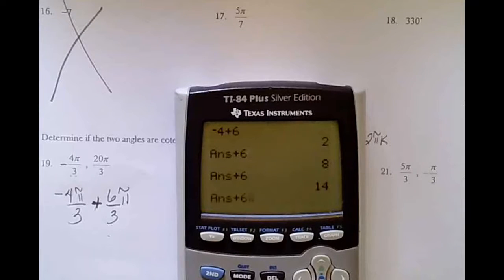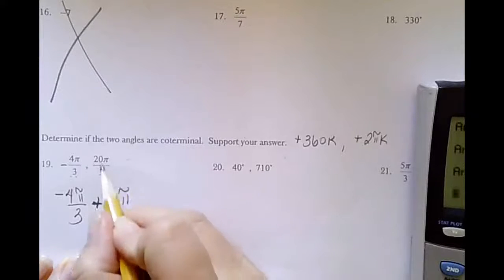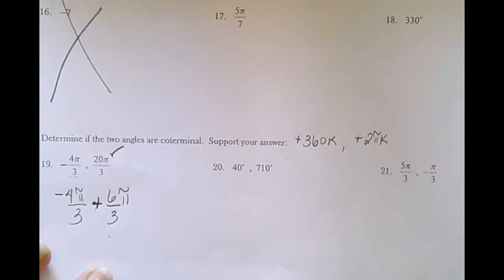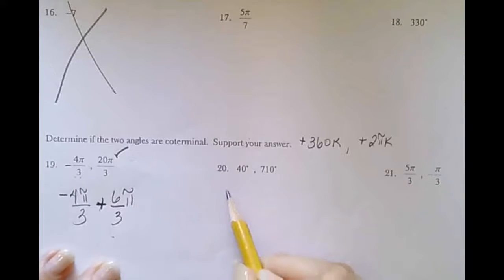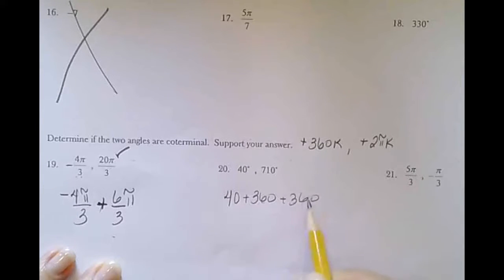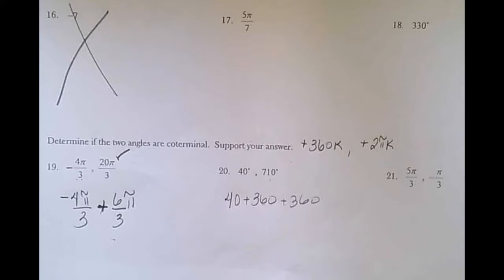So there's my 20. I did reach this 20, so it's 20 pi over 3, a coterminal angle. All those others that we saw along the way are also coterminal angles. This guy here, you would start at 440, and you would add a 360, add another 360, and see if you ever stop at 710. And that's how those guys would work. Answers are already posted.